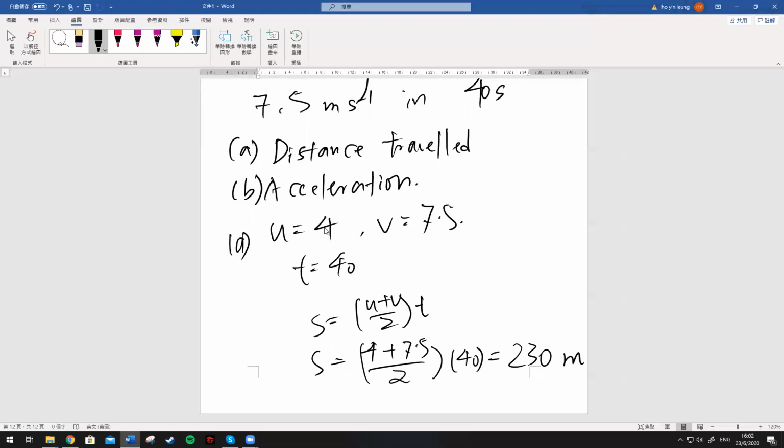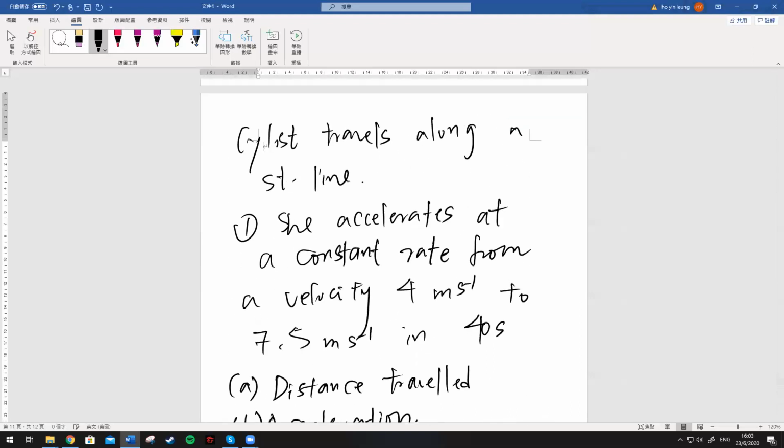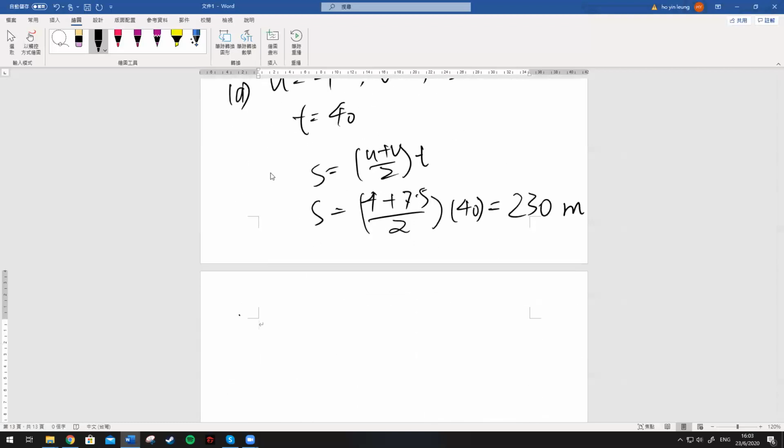So once you have picked the correct equation, you should be able to get the answer right away. And then B, the acceleration. Just now I picked the wrong equation because I only looked at part B. Anyway, we pick the equation v equals u plus at.